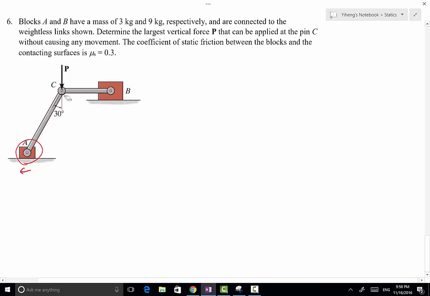Before we do that, we need to represent the tension force in link AC and link BC as functions of P. At point C, we have particle equilibrium. We have a force P here, and then we have a tension force T_BC, and also tension force T_AC at a 30-degree angle with the vertical direction.